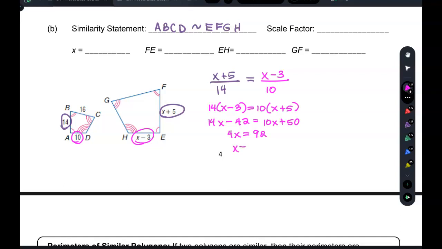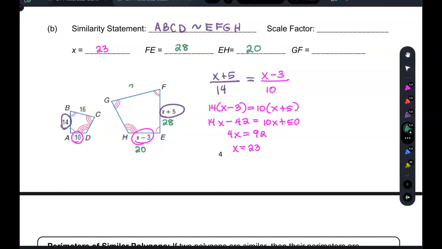So we get x equals 23. Now, if x equals 23, that's going to make HE 20. And it's going to make FE 28. So we have 28 here. This is 20.